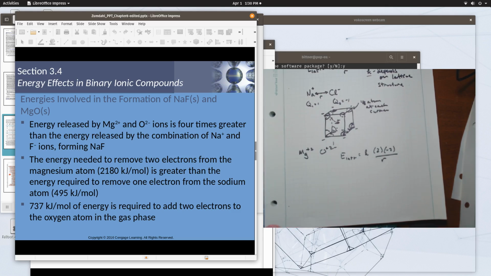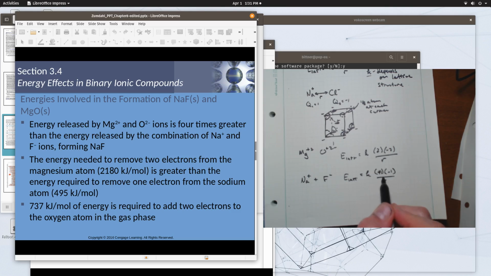Generally, the bond lengths are about the same in each system. If I compare that to sodium chloride, or even lithium fluoride, or any other system, let's say Na plus F minus, again, I could say that the E lattice is roughly equal to K times plus 1 times minus 1 over R. Now these bond lengths are about the same. K is the same for each.